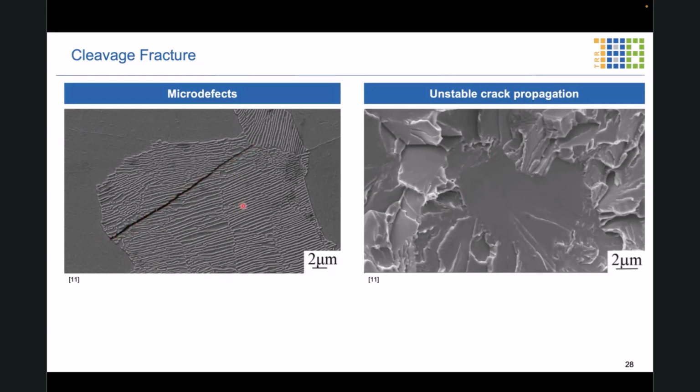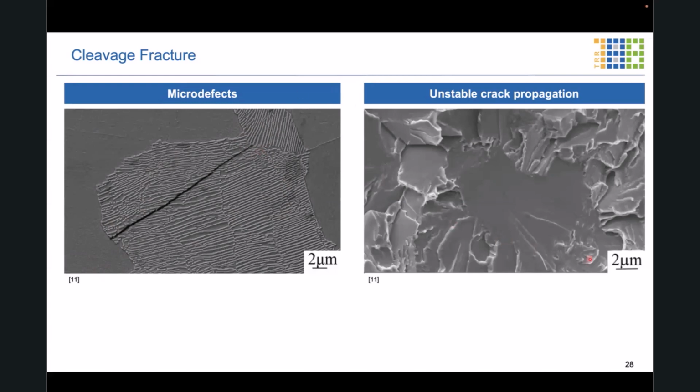And this crack now has concentrated stresses at its tip, mainly over here, but of course also over here. And then finally, the local tensile stress was sufficiently high to provoke unstable crack propagation.